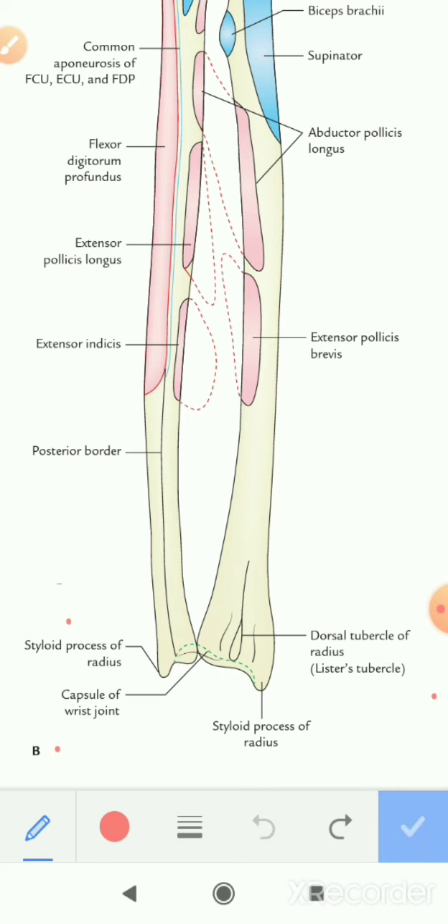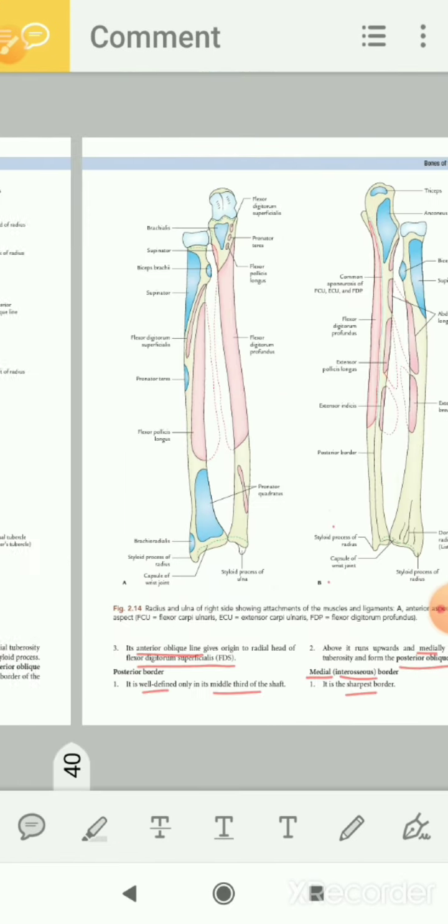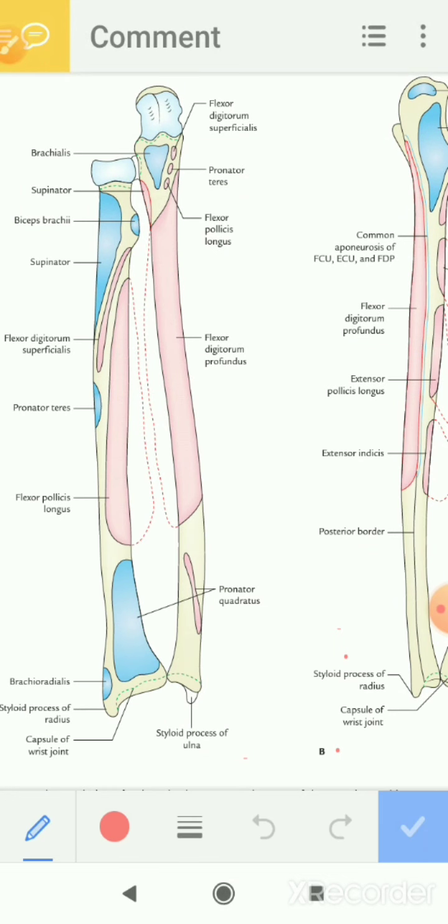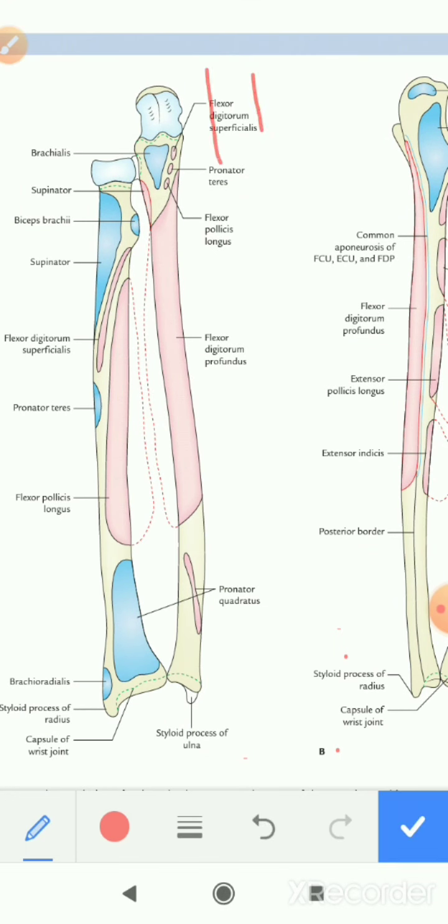Now come to the ossification centers. The ulna is ossified from three ossification centers: one for the upper end, one for the lower end, and one for the shaft. Ossification of the upper end starts at 9 years of age and is completed at 18 years.